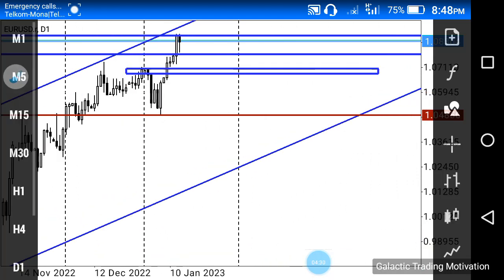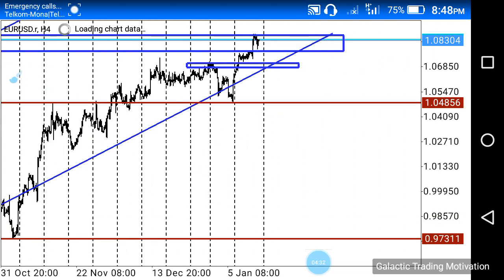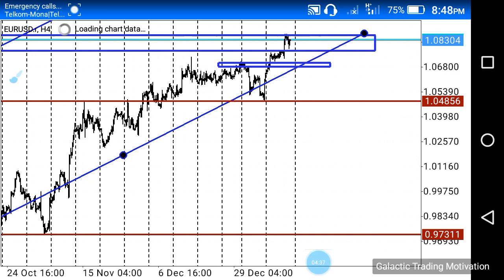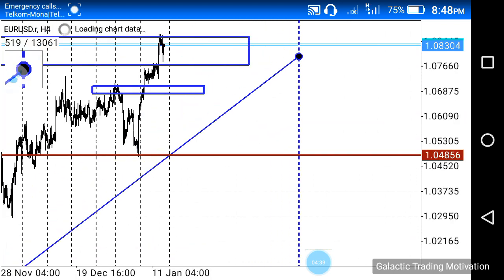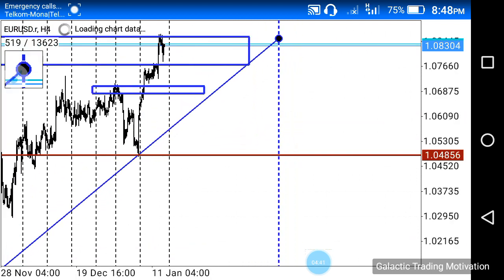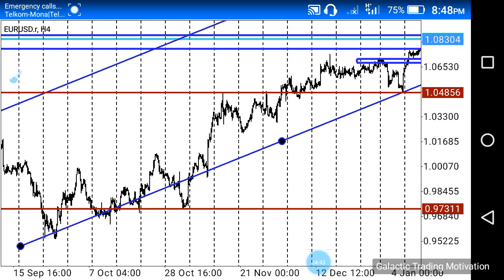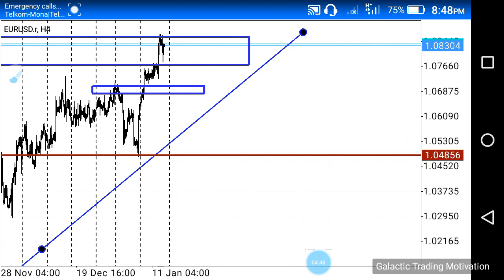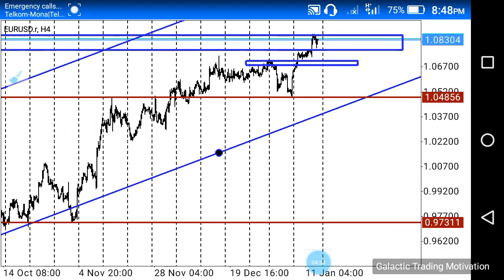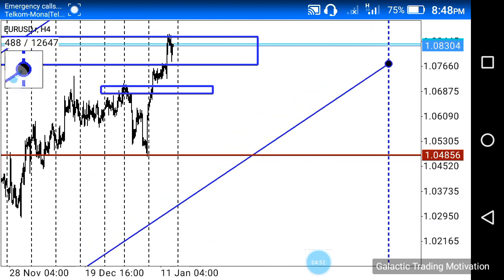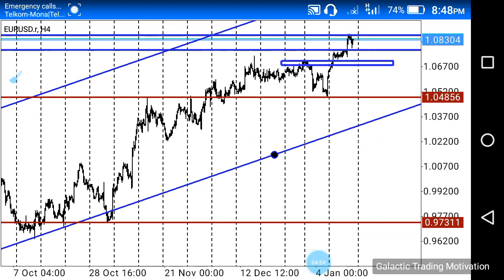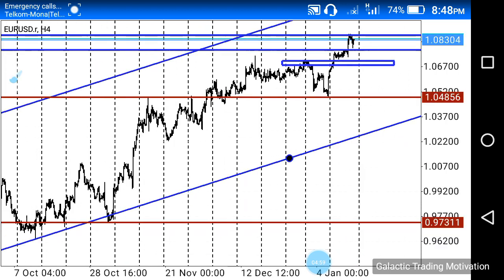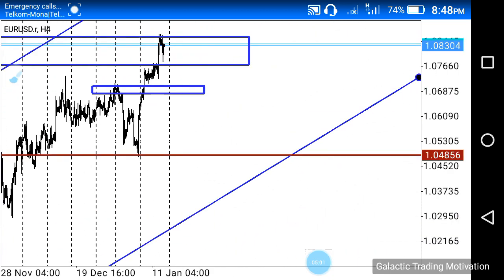From here I'm just going to head down to the H4 chart. Let's have a look. On the H4 chart, I'm going to start off by fixing my channel, so just bear with me guys.